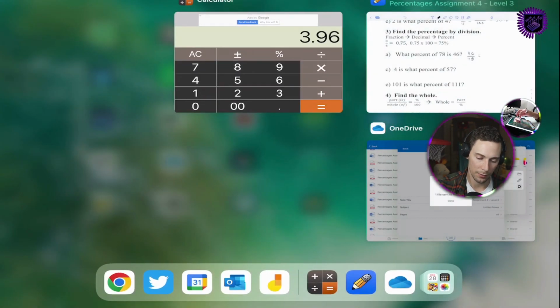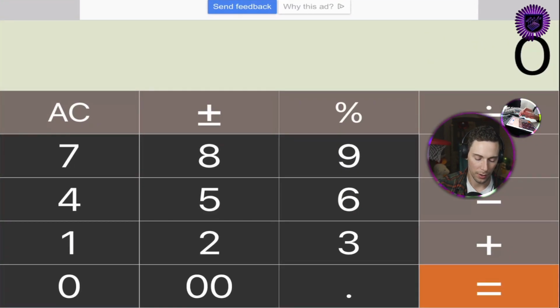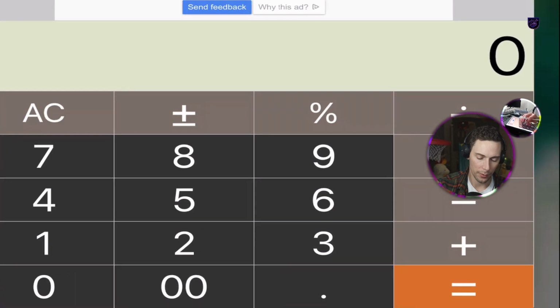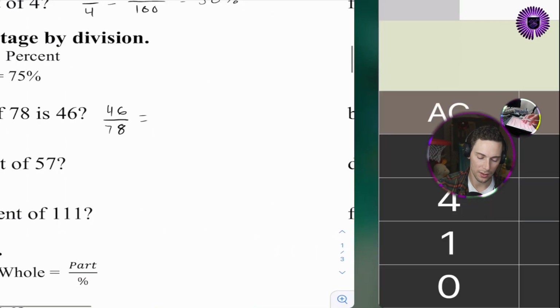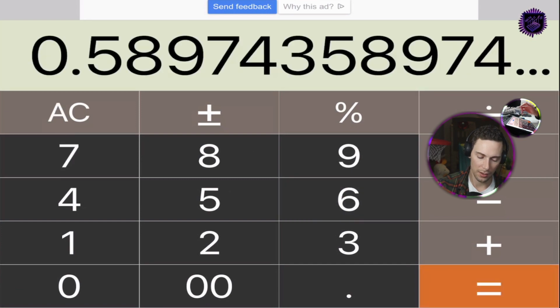Hold on, I'm just going to get rid of my OneDrive so I can go back and forth easily. It's 46 and 78. So 46 divided by 78 is going to be 58.589, but we're going to round up to 59%.